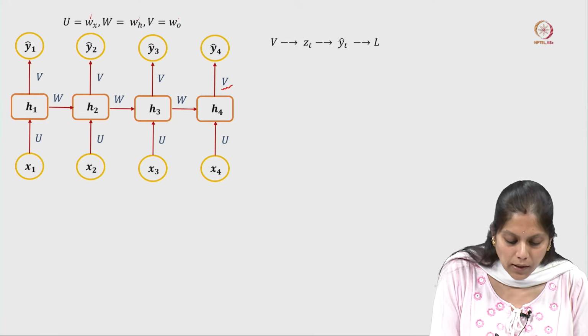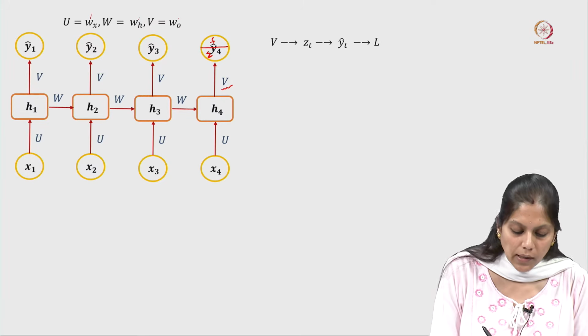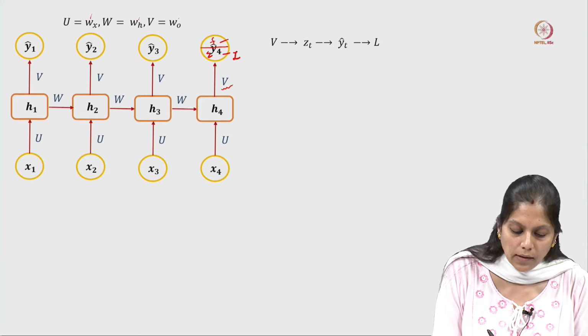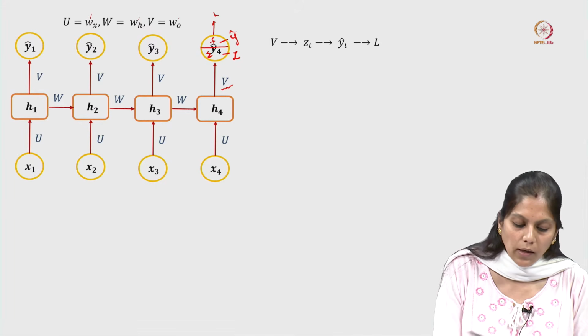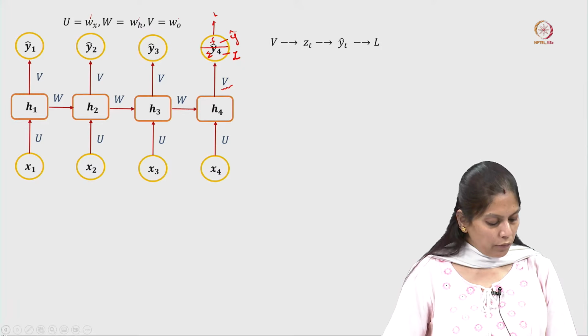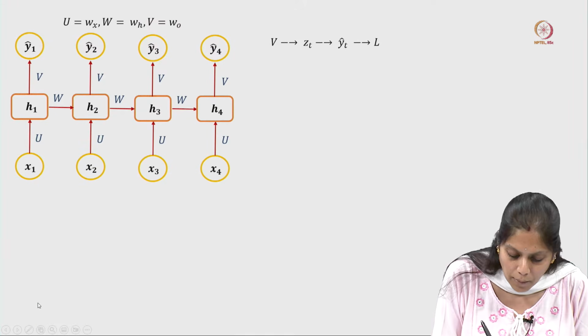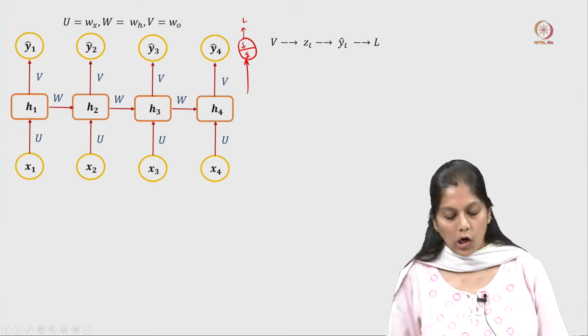From V, is it not that you have a summation term and you have an activation term here. So this summation, let us assume it as Z, and this is Y predict, and then we are going to get the loss. Therefore, from V we are passing it to the summation part, the activation part, and then we are going to get the loss.